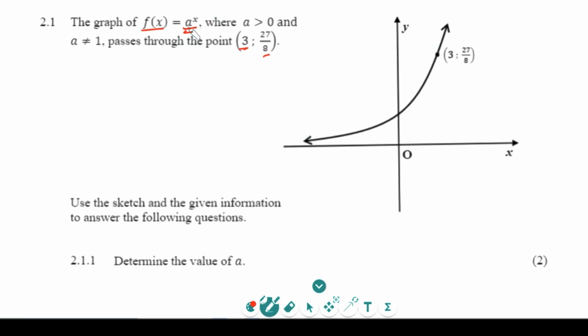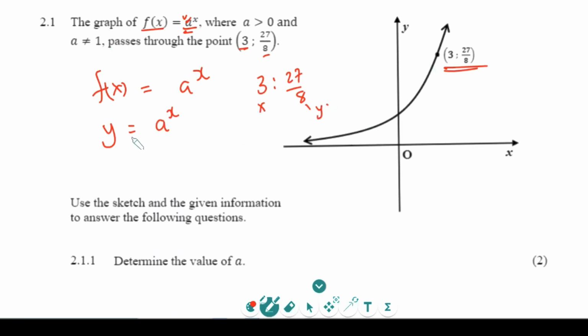But in this case, it's just a that we need, so we just need 1 set of points. So f of x is equal to a to the x, and f of x is the same as y. So y is equal to a to the x, and I'm going to substitute 3 for x and 27 over 8 for y.